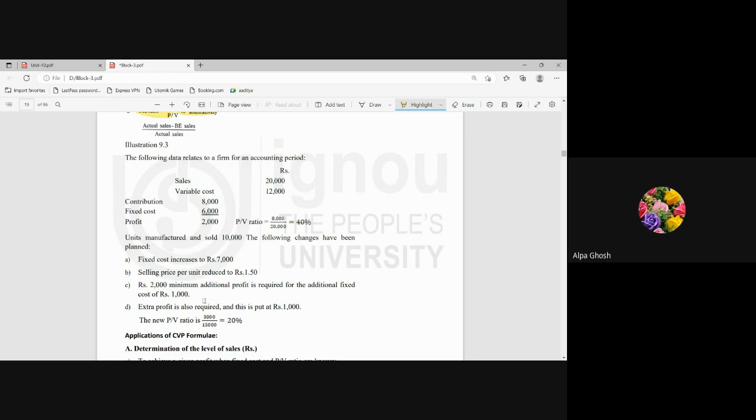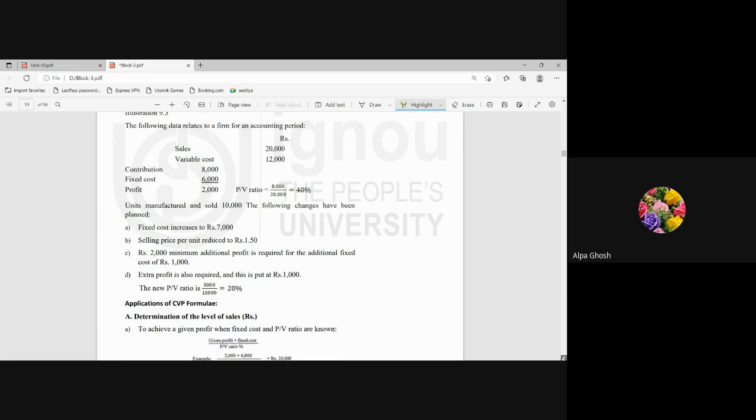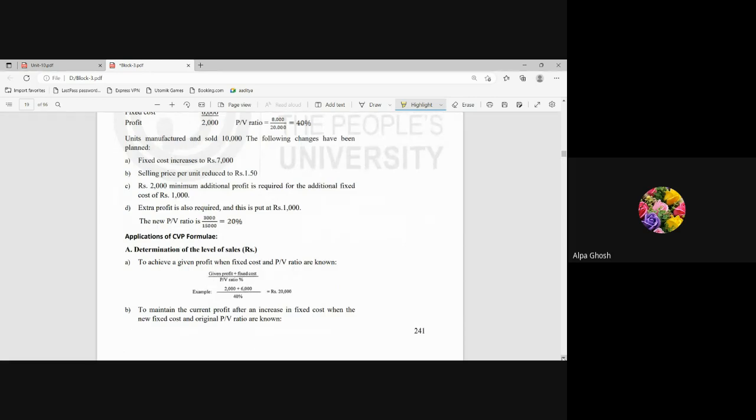So what will be the new PV ratio? They have given you the new PV ratio as 20%.